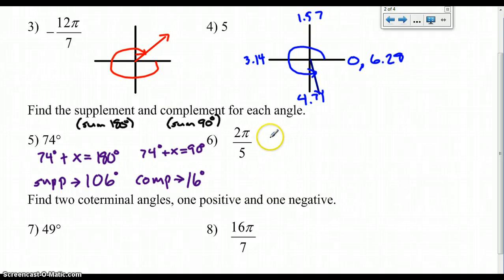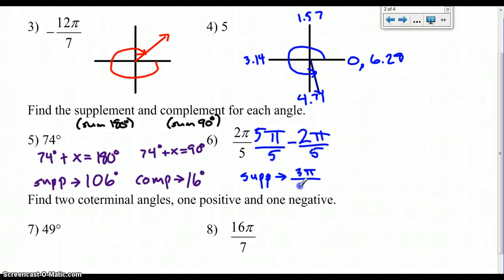So when I want to find the supplement of 2 pi over 5, I would have to take pi and subtract 2 pi over 5. Now we'd have to obviously get a common denominator, and that would give us a supplement of 3 pi over 5.